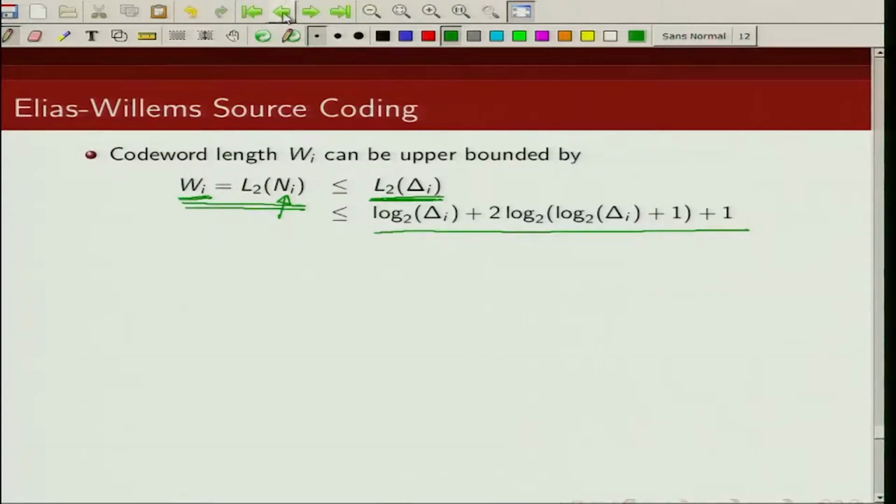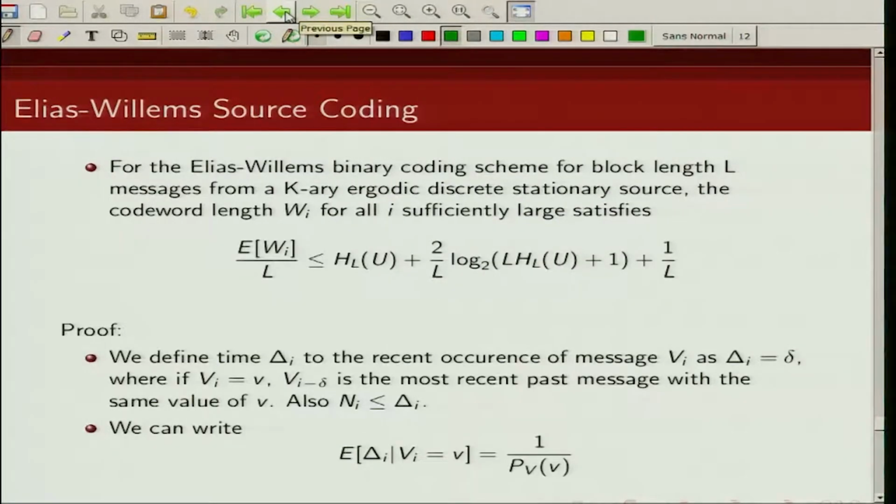Next, there is one thing which I skipped, which is what is the expected value of delta i given Vi is V. So, that is inversely proportional to the probability of occurrence of V. So, that is basically given by this.